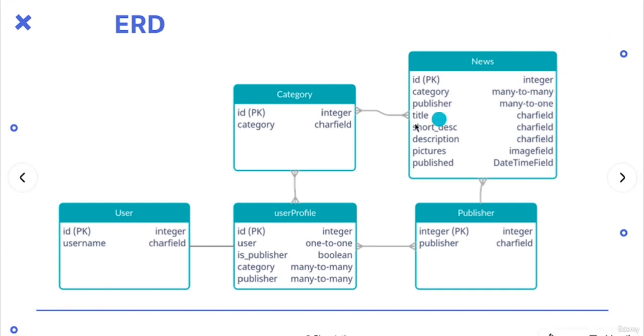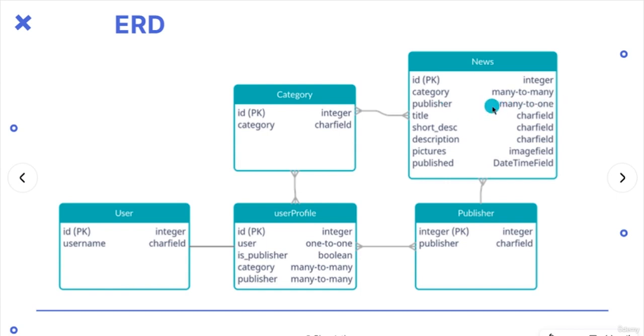That's why we have a many to many relationship with category. But it is going to be published by only one newspaper company. So in that case, we just have to say that many news can be published by one publisher, but many publishers cannot add to the same news. Okay, so that's why you have to say many to one.